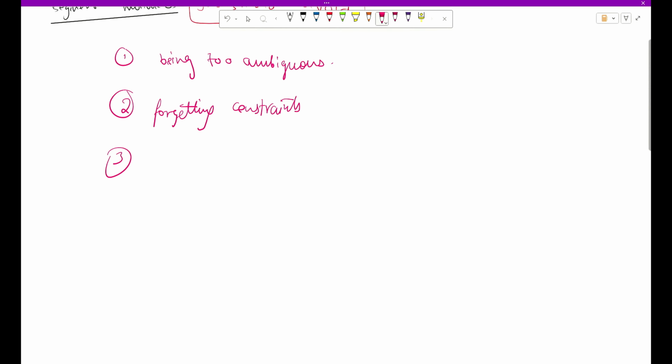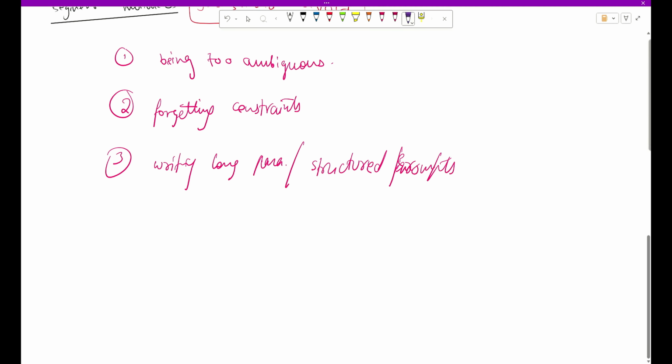And the third, we have writing long paragraphs instead of structured prompts. Again, all the three things I mentioned above, just to remind you, because this is a key.